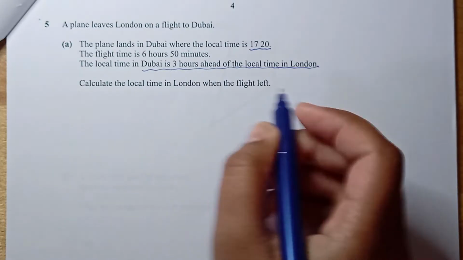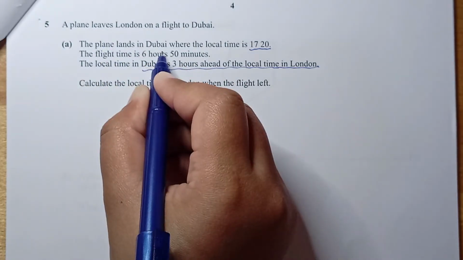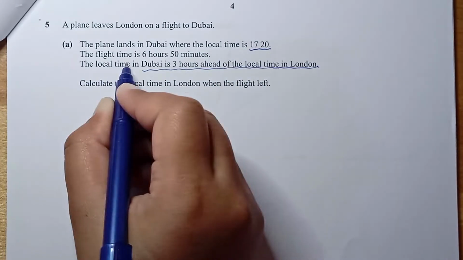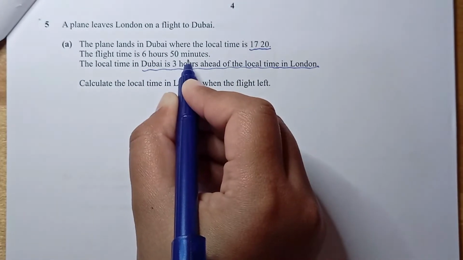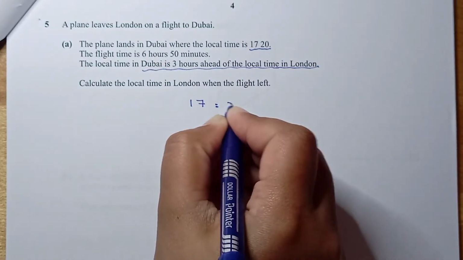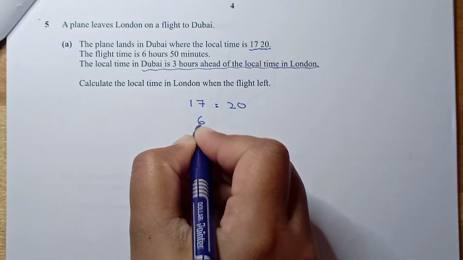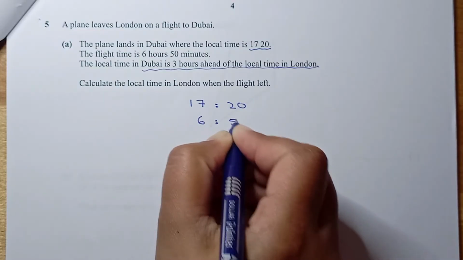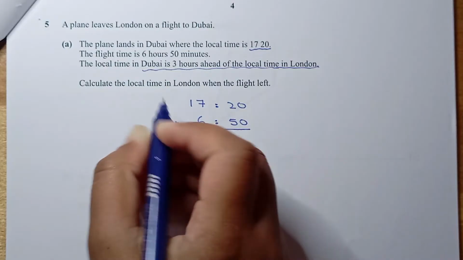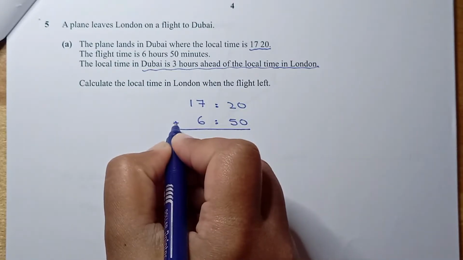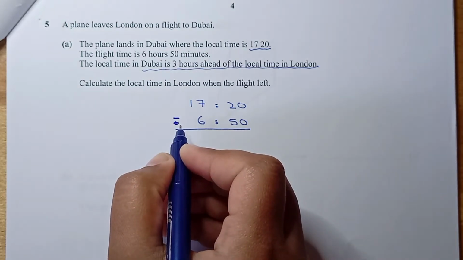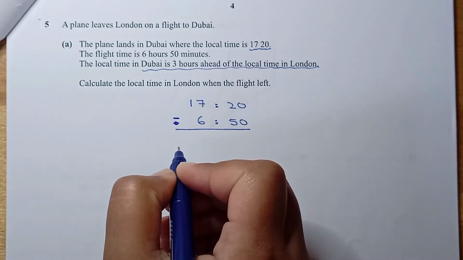Okay, so the plane lands in Dubai when the local time is 17:20 and the flight time is 6 hours and 50 minutes. Because we need to subtract to find the time when the flight left Dubai.